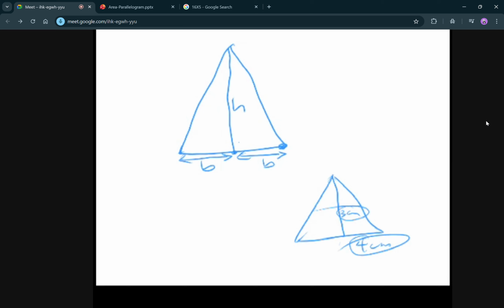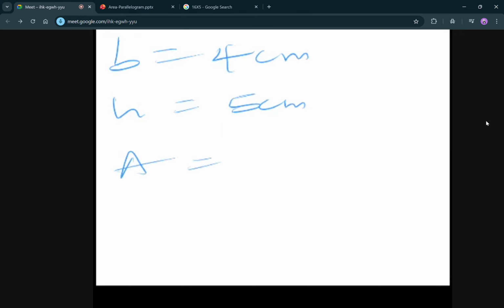What I'm trying to say is, let's assume for a given triangle, the base is 4 cm and the height is 5 cm. The area of the triangle is going to be 1/2 times 4 times 5.